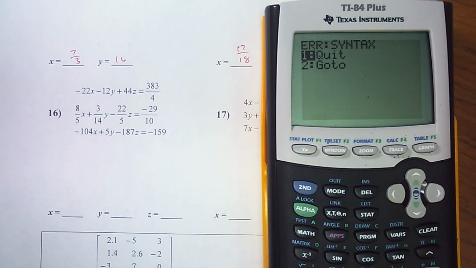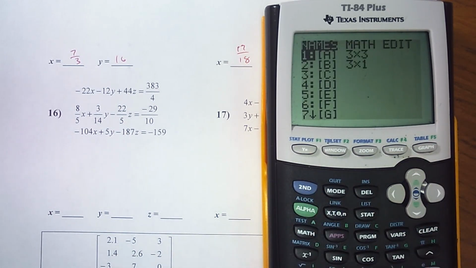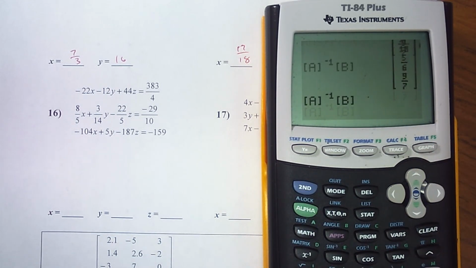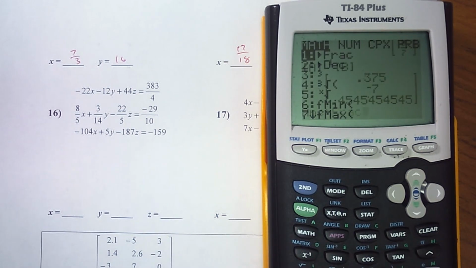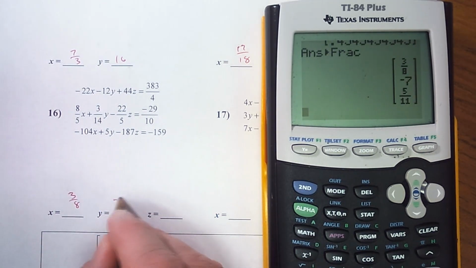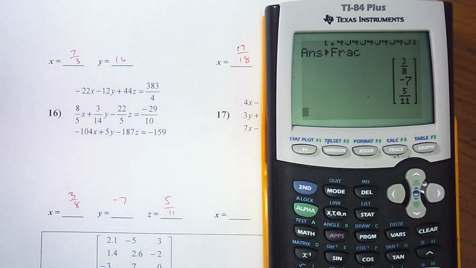And I used the minus button there, so I need to go back there and do the negative button instead of the minus. Okay, now quit, second matrix 1 inverse, second matrix 2. Math, enter, enter, and we have 3/8, negative 7, 5/11.